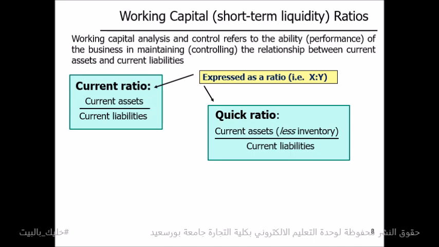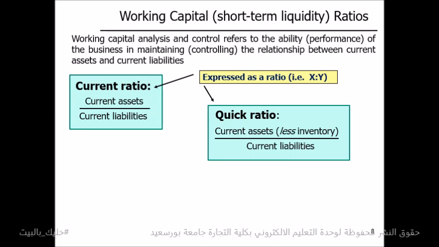So a quick revision for the ratios we said. The first two are the profitability ratios: the gross profit margin ratio, equal to gross profit divided by sales multiplied by 100, and the net profit margin, equal to net profit divided by sales multiplied by 100.